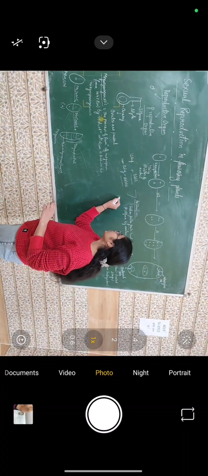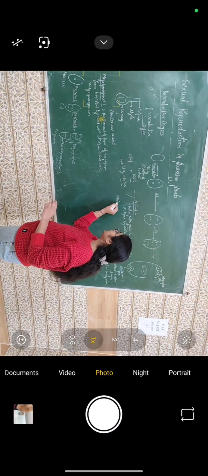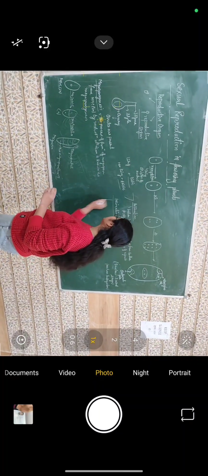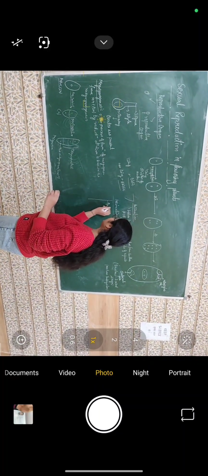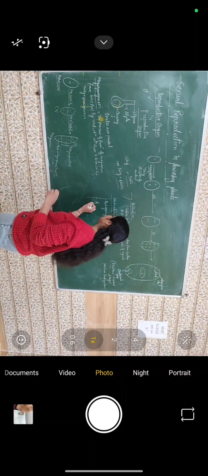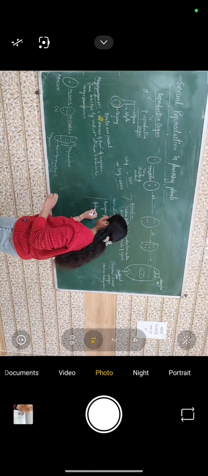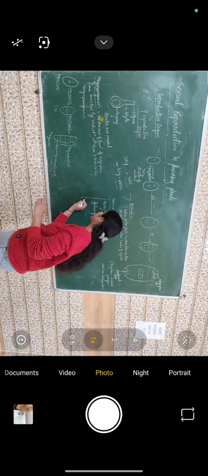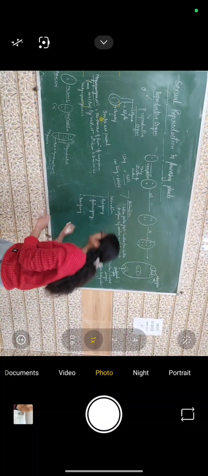And pollination is of three types. One is autogamy, one is geitonogamy, and one is xenogamy. So basically, what is autogamy?